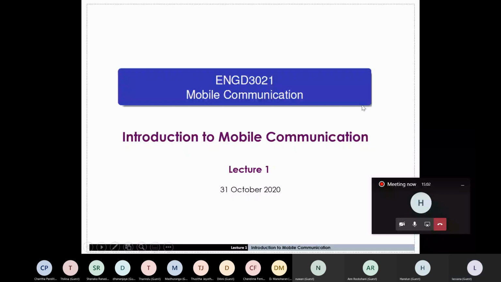And at the same time, I may go through the mobile communication roadmap as well, not in detail, but at a brief level. Because this mobile communication is mainly supposed to go through all these mobile technology generations. As you all know, we have first generation, second generation, third generation, fourth and fifth. Today, most of the people are talking about fifth generation, 5G.